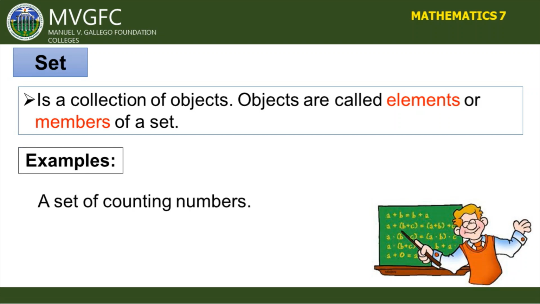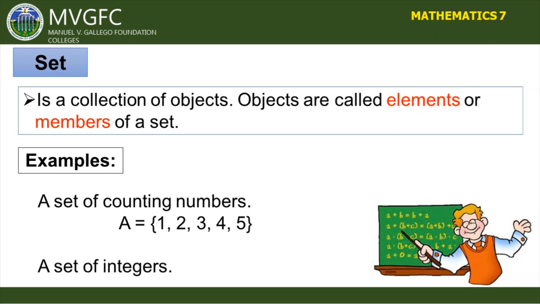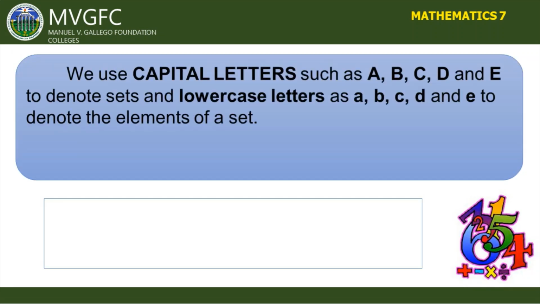The set of counting numbers will start at 1, 2, 3, 4, and 5, and so on. Aside from that, we also have here a set of integers. We use capital letters such as A, B, C, D, and E to denote sets. That's why I use the capital letter A when I represent the set of counting numbers.